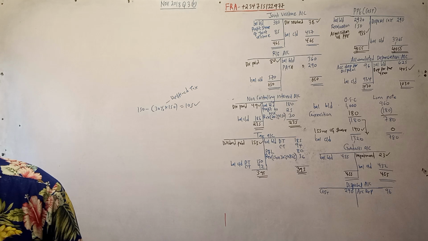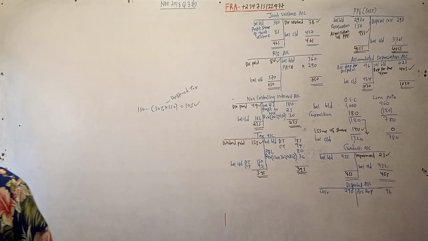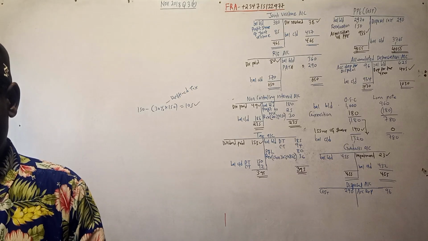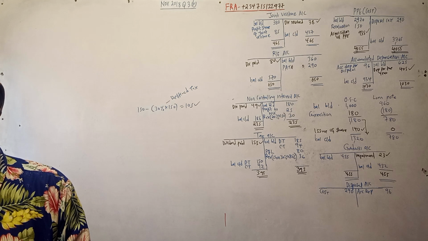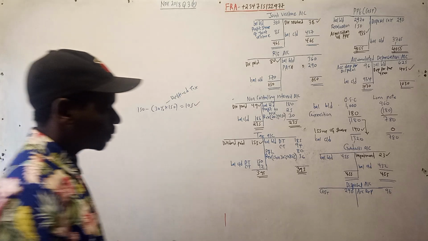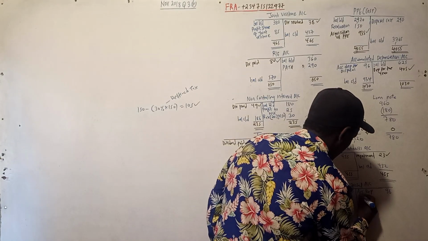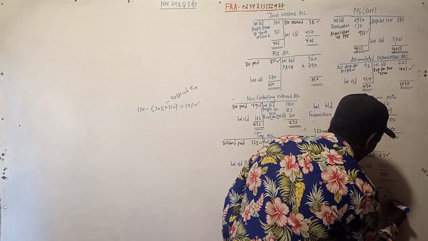Now let's go to information number one, the last statement. The holding company disposed of an item at a cost of 290, which had an accumulated depreciation of 96. The proceeds were 215. So we need to cater for proceeds, 215. So we balance this account.